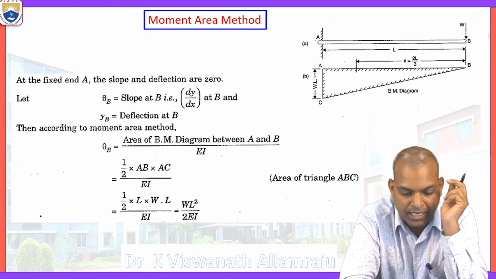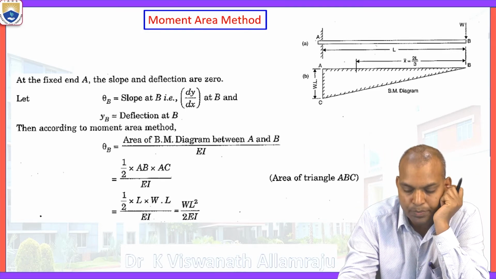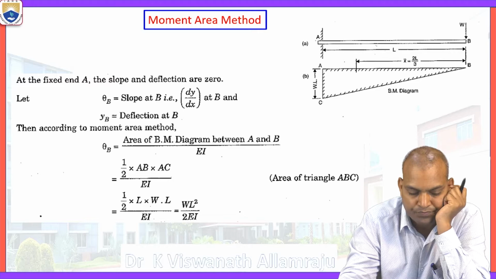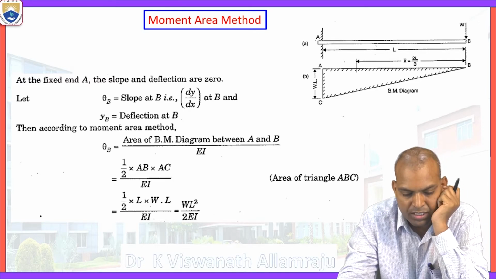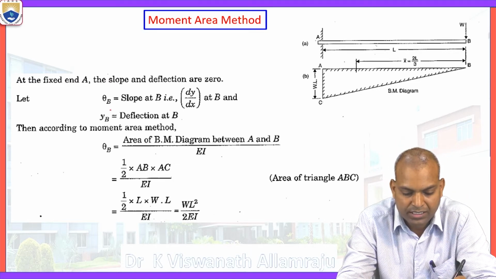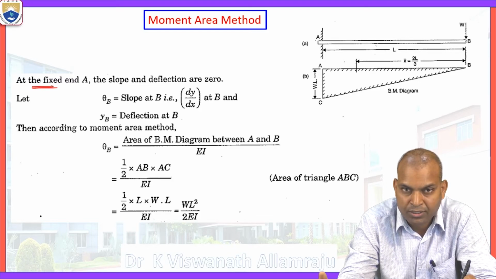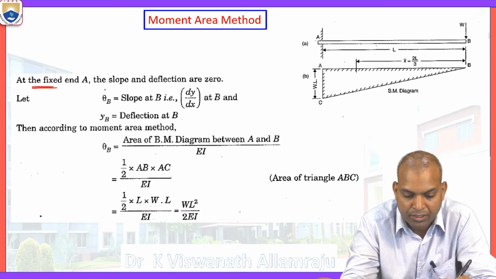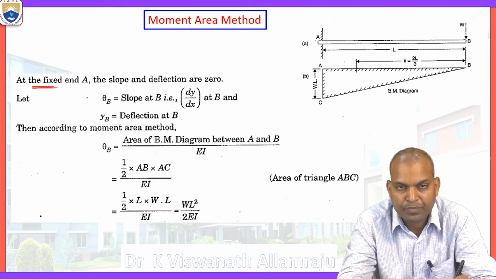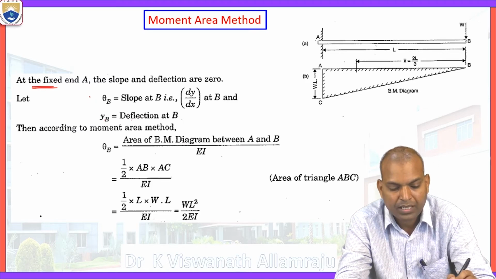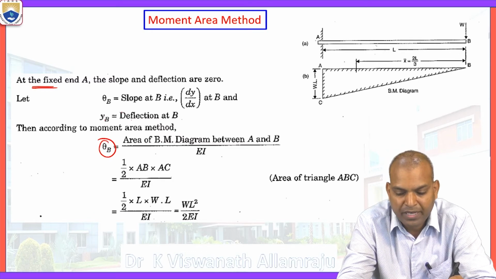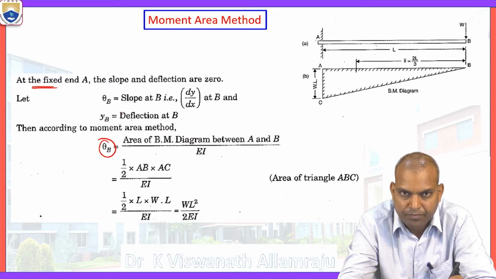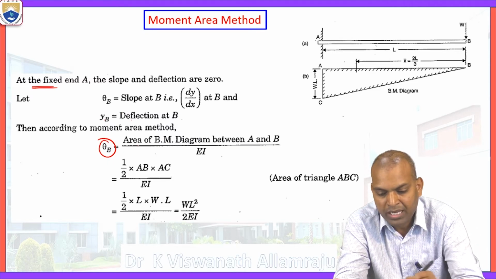Let us begin. At the fixed end A, the slope and deflection are 0. There is neither slope nor deflection. But we want them at B. So YB is the deflection at B and theta B is the slope at B, that is dy by dx at B. Now theta B equals the area of the bending moment diagram between A and B divided by EI.